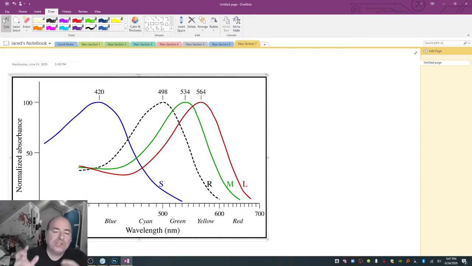We view long as basically red, medium as green, and short as blue. It's not only that they peak, there's overlap in them. There's overlap between the medium and the long, and between the short, the medium, and the long. So there's a lot of redundant data being fed. We're only able to see the frequencies that the cones allow for, and that's what we're looking at here in terms of frequency response.